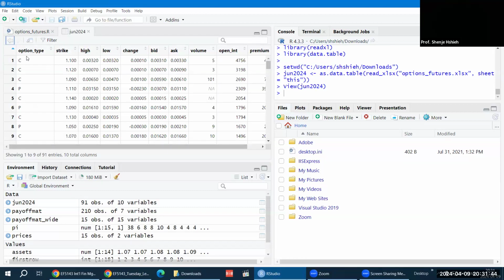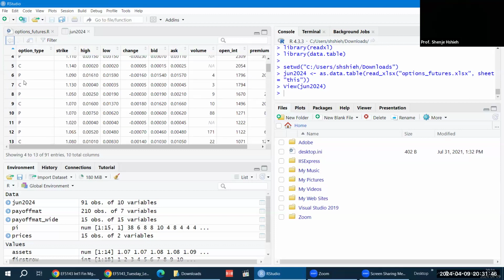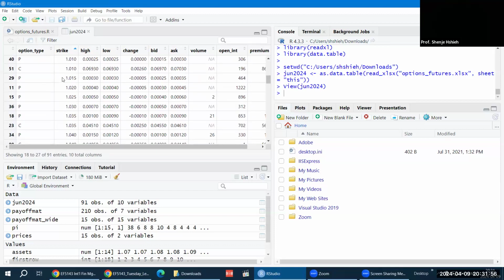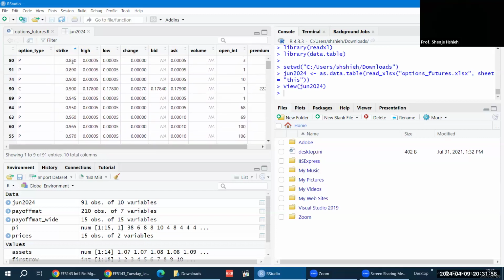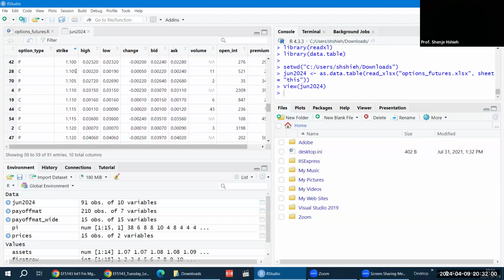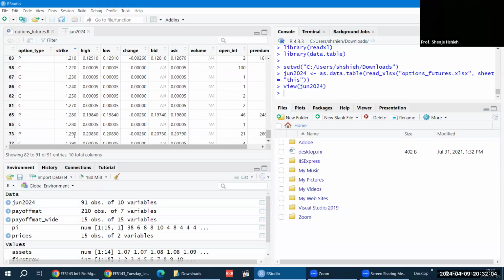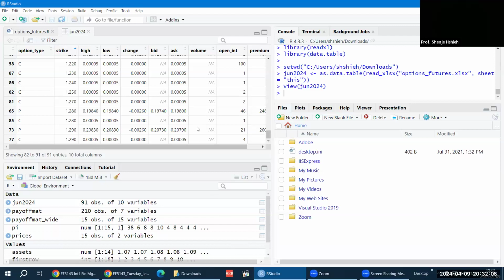You see option type, C for call options, P for puts, and strike prices. You can tell that this is for euros because it goes from something crazy like $0.85 per euro all the way to 1.29.